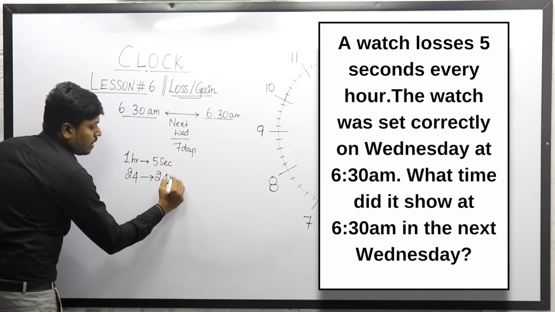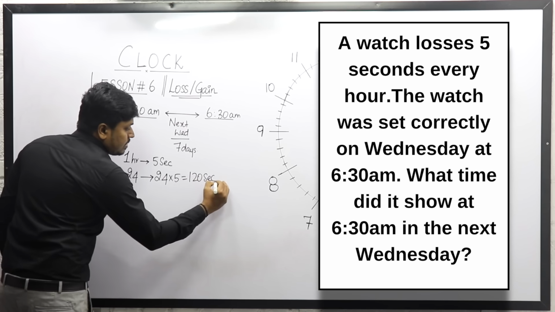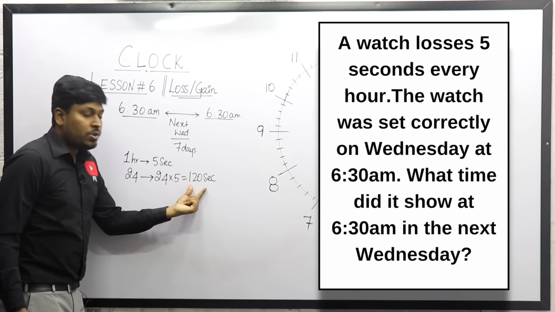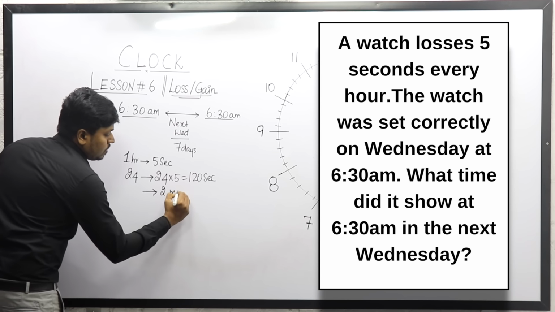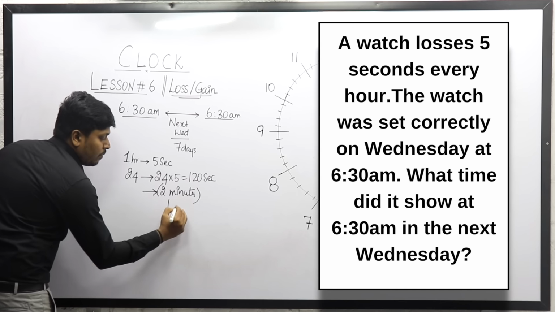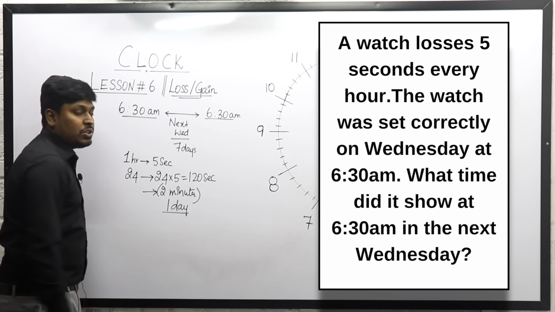So 24 into 5 will be 120 seconds. 60 seconds is 1 minute, so 120 seconds will be 2 minutes. So for the complete 1 day, the clock is losing 2 minutes.